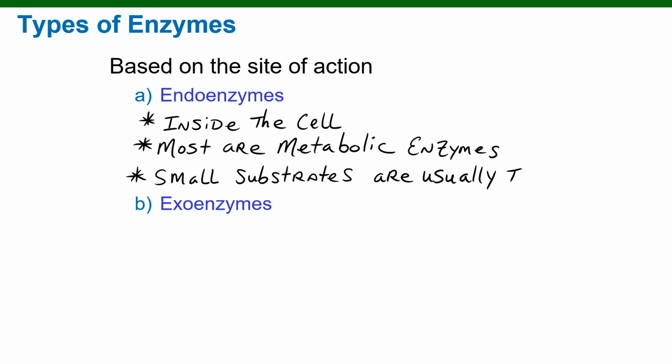However, we know that some substrates, food sources and such, are very large, like complex polysaccharides or very large proteins, and some fats can be very large, and so some enzymes are referred to as exoenzymes because they'll be secreted and they'll act outside the cell on larger substrates.